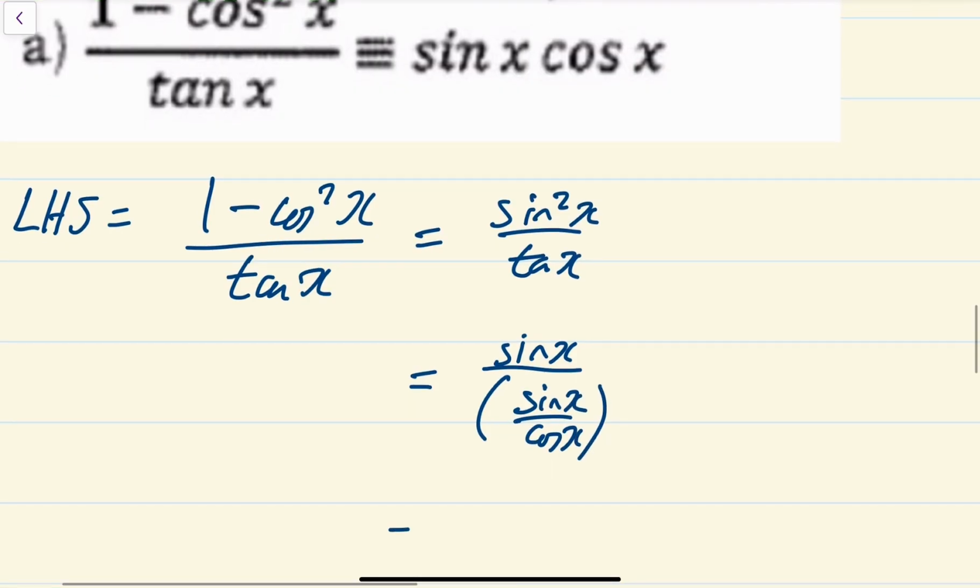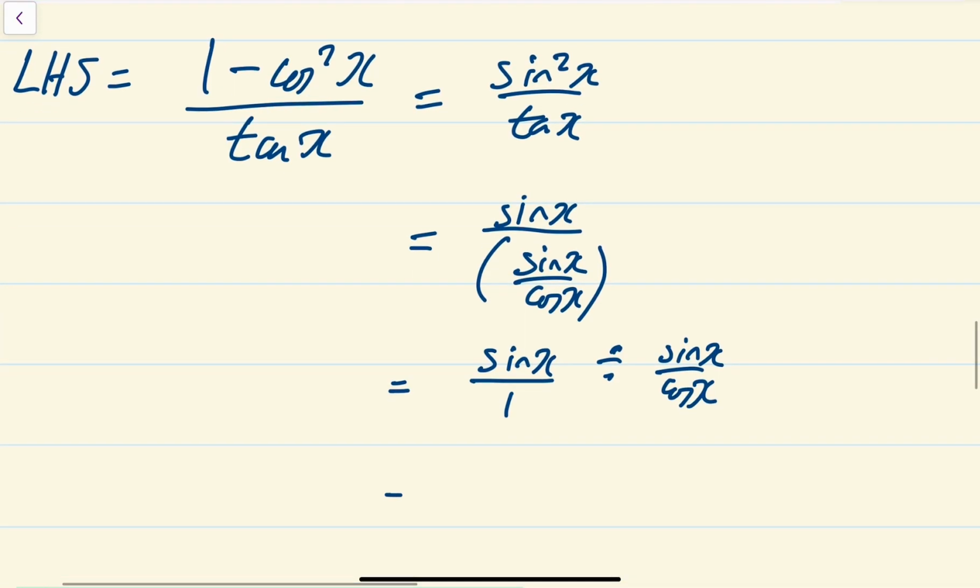If you had sine of x divided by sine over cos, as a fraction, write your sine as sine over 1. How you do dividing fractions, that's sine x over 1 times cos x over sine.